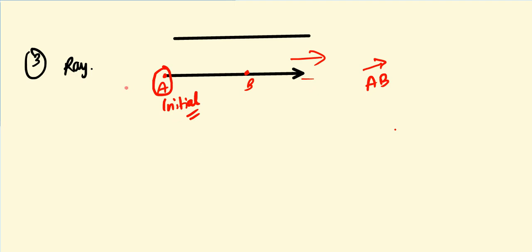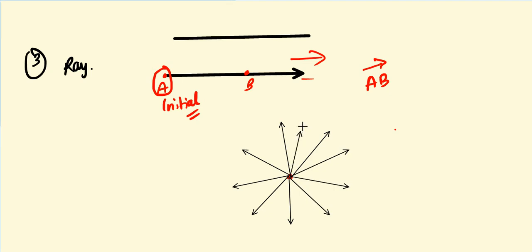Okay, so suppose you are having a point like this. Now you can draw an unlimited number of rays, just like one, two, three, 4, 5, 6, 7, 8.